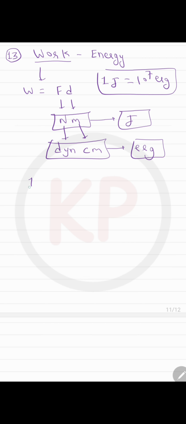Lakhpati means 1 Newton is 1 lakh dyne, and Karodpati means 10 raised to 7 erg. 1 crore means 10 raised to 7. So this is the unit of work in MKS, and this is the unit of work in CGS.